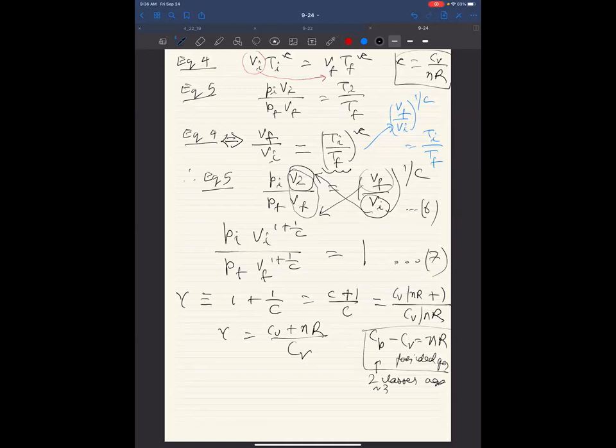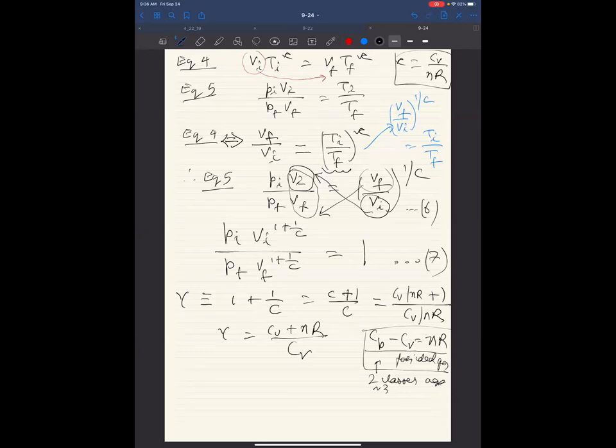You're giving heat to the system and the system is expanding, doing work against the atmosphere. So CP minus CV is equal to NR. And we even proved this. Let me remind you how we proved this. The proof was very simple. We said CP is equal to partial H by partial T at constant P. It's simple enough that I'm not looking at my notes, I'm just writing it here.